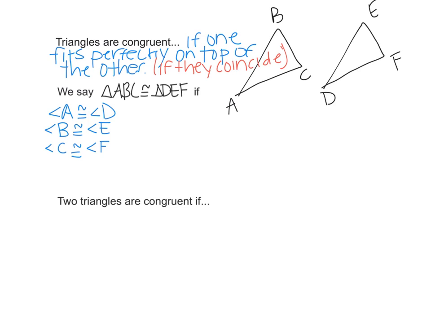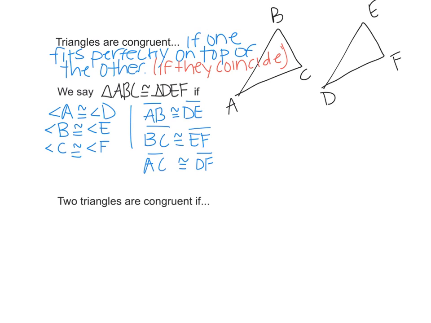Along with just the angles, we also have to say that certain segments are congruent. So this tells me that segment AB is congruent to segment DE. Segment BC is congruent to segment EF. And then last we have segment AC being congruent to segment DF.